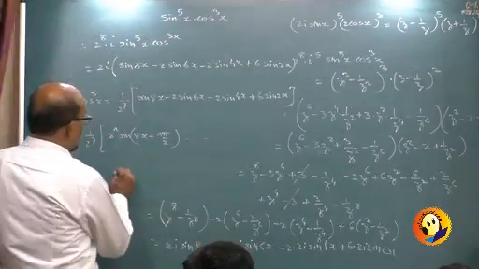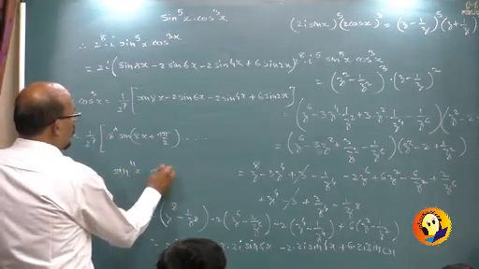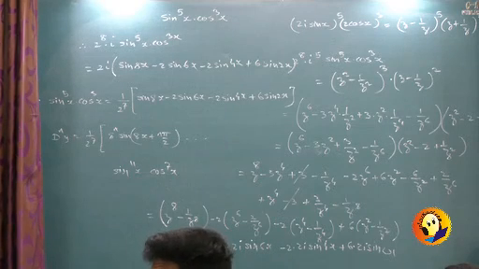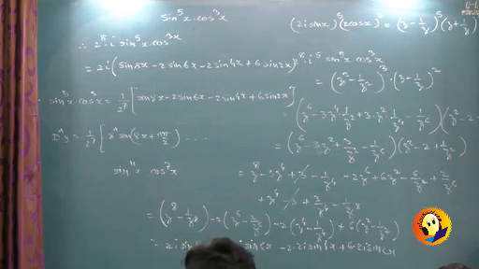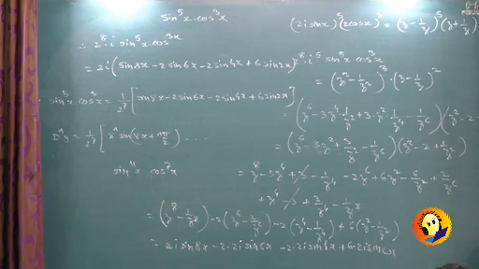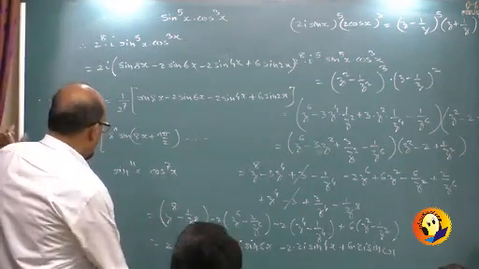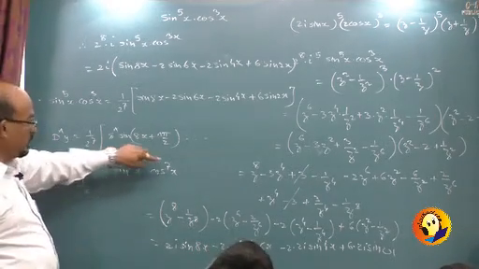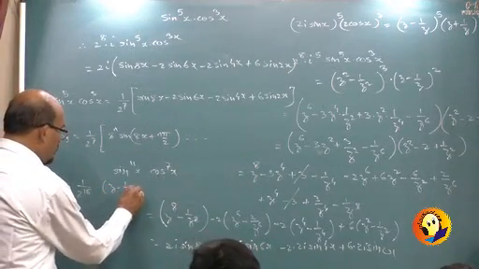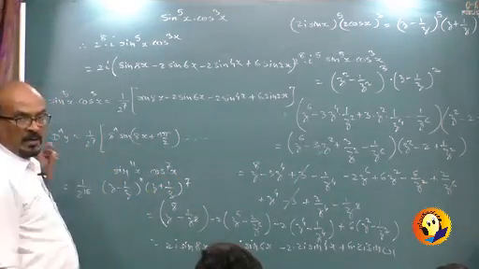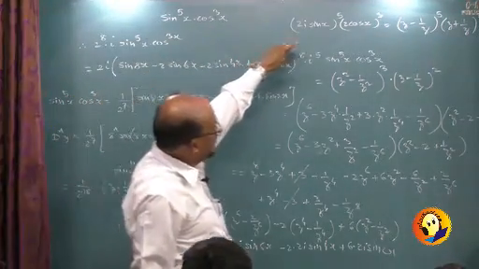If it is something like sin raised to 11x cos raised to 7x, then we will directly come to 1 upon 2 raised to 18, it will be this sum: z minus 1 upon z bracket raised to 11 into z plus 1 upon z bracket raised to 7, and so on. This was for the first time we have explained everything.